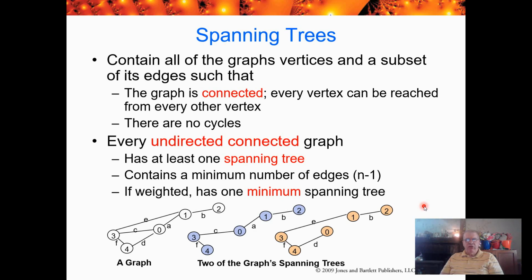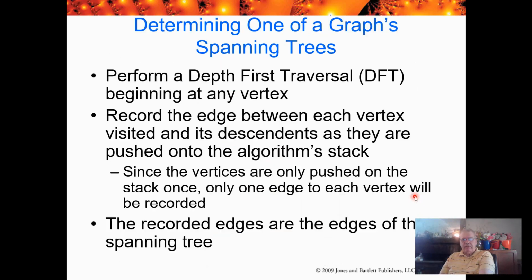So there are no cycles in a spanning tree. So every undirected connected graph has at least one spanning tree. And if it's weighted, it has a minimum spanning tree. There may be several minimum spanning trees if some of the edges are equally weighted.